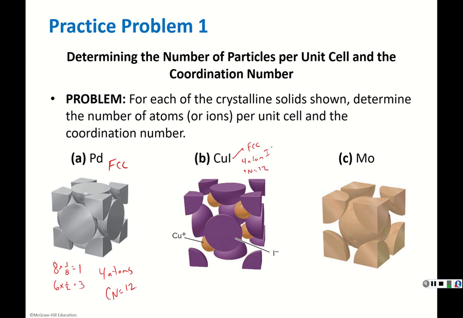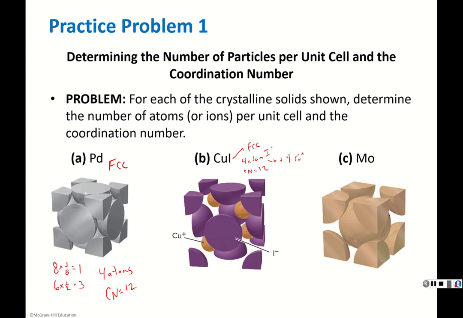The copper, however, is more difficult to see. If we're just looking at this picture, it looks like we have 4 complete atoms of copper there.